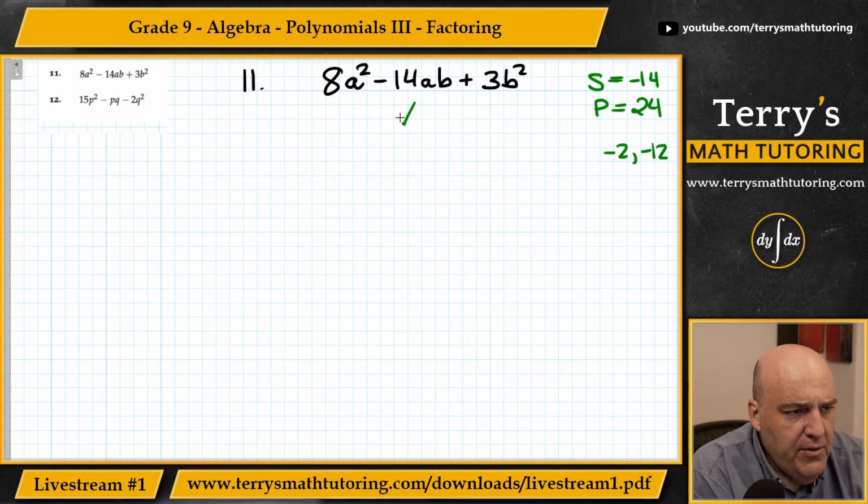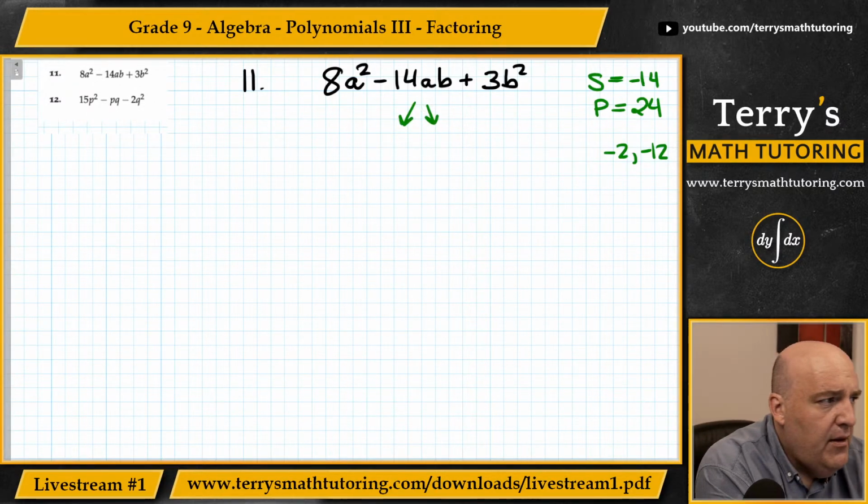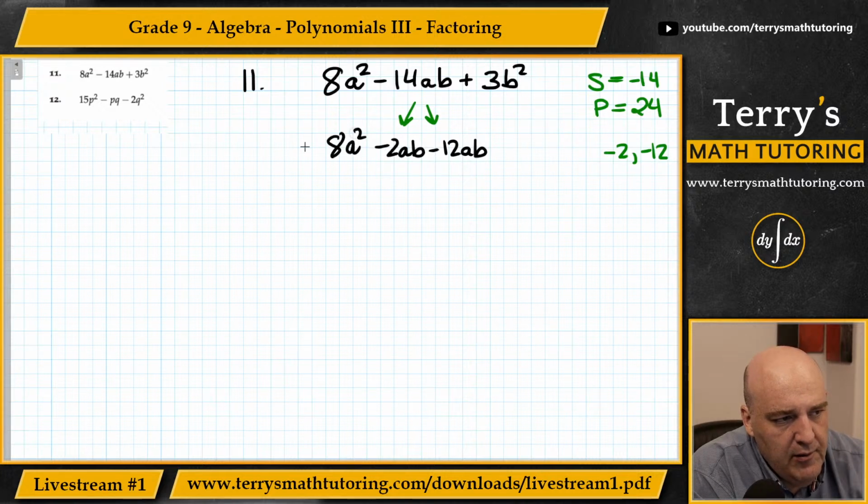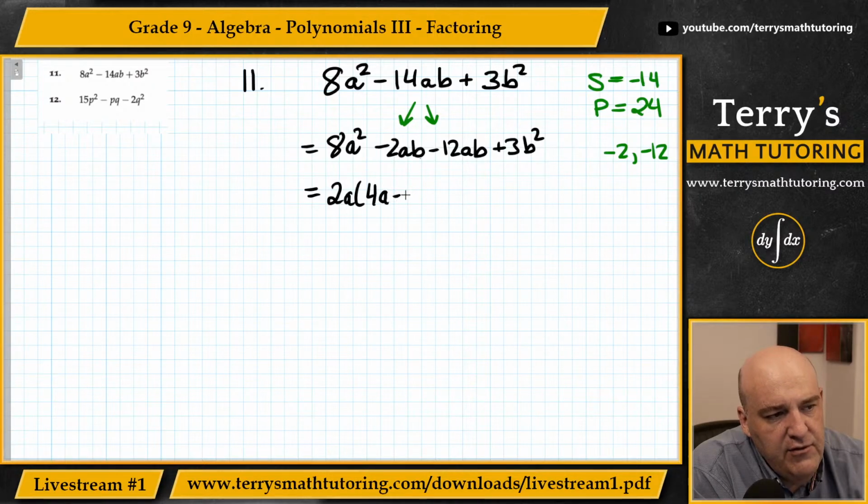All right, so let's break this up. So this is minus 2ab minus 12ab. This guy gets recopied. And so does this. And then we're going to use grouping on this 4-term expression. What's common on this pair is a 2a. We get 4a minus b. What's common here?